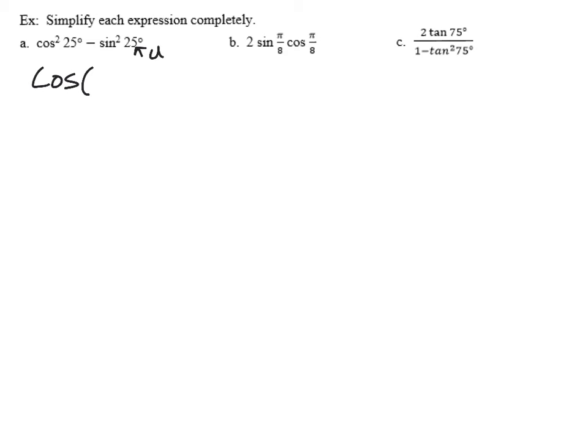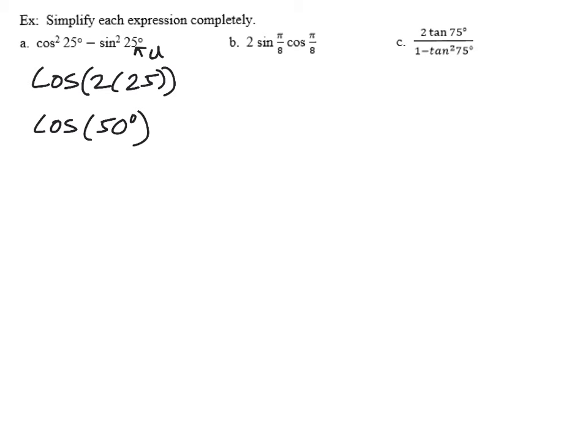I would recognize that 25 is u, so this would equal cosine of 2 times 25, which I believe simplifies to cosine of 50 degrees.